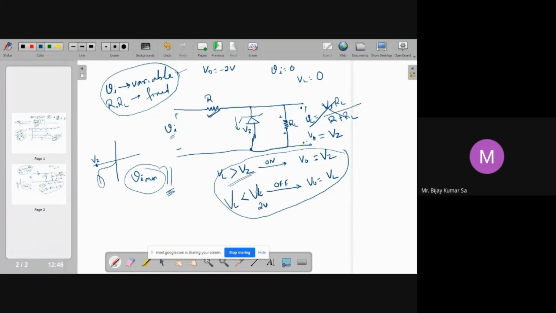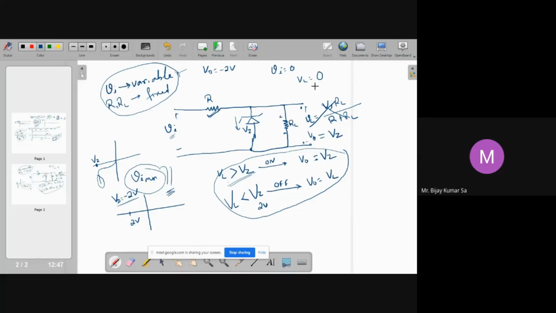You should take note of it that when we mention the Vz, suppose 2 volt, that basically says that Vd is equal to minus 2 volt. So when we give some Vz value, that is the magnitude of it. Vz is always a reverse bias voltage, so you should understand that Vd is the negative of that Vz. That is the way of understanding the values.